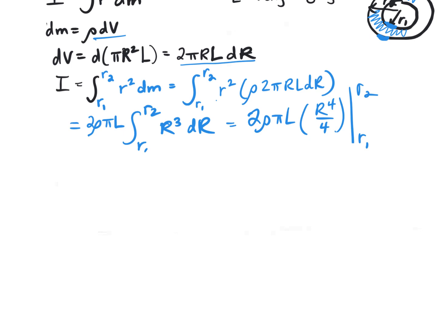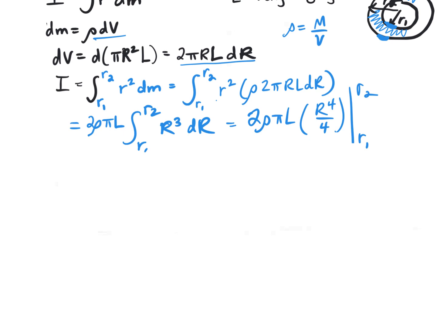So what is rho? Rho is equal to what? M over V? Well, M is M. V is this area, which is going to be a difference because you've got a ring. It's not a full circle, is it?